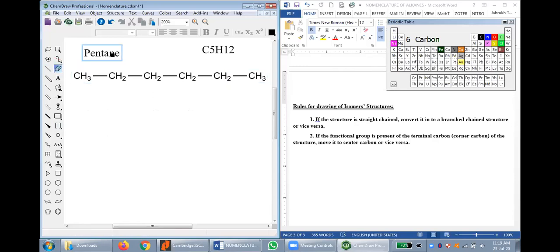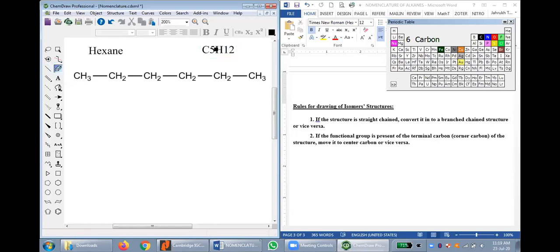This is hexane। Please draw the structure of hexane on your copies quickly। And you're supposed to draw me 3 different isomers of hexane। Hexane is actually C6H14। Please write it over there.